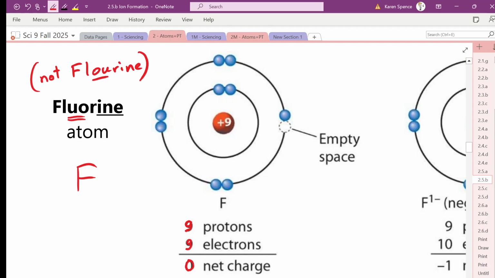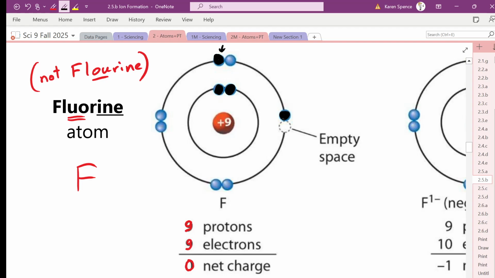Now you'll notice fluorine has 9 electrons. So if I was to draw these electrons on from scratch, do you remember where we start? Do we start on shell number 1 or shell number 2? Shell number 1. And we go 1, 2. And then shell number 1 is full. If that's electron 3 right there, where would I put electron 4?